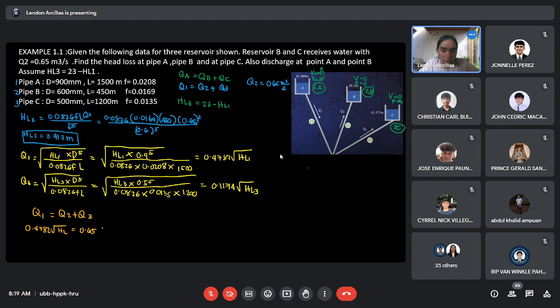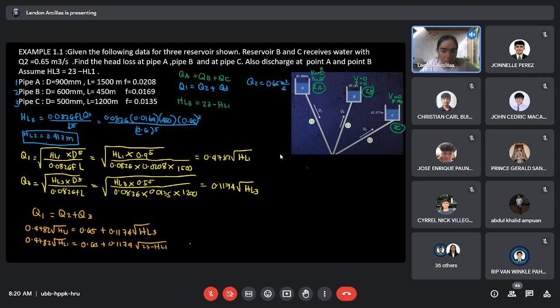Q3 is 0.1174 square root of HL3. And since HL3 is equal to 23 minus HL1, substitute that. So 0.4782 square root of HL1 equal to 0.65 plus 0.1174 square root of, again, HL3 is 23 minus HL1.